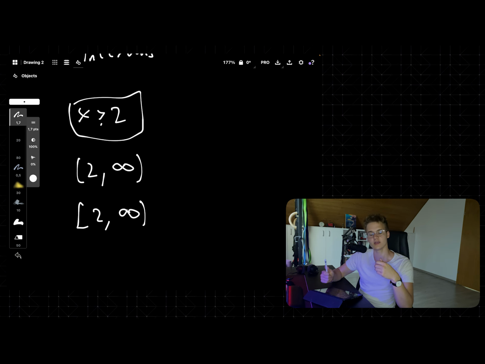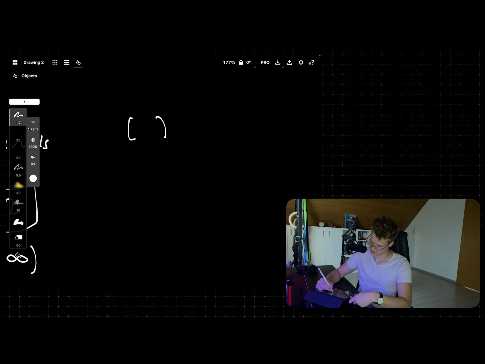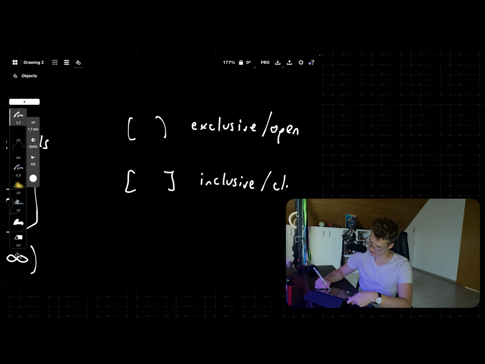So if the interval includes a point, so if this were to include 2, we would use a bracket. Because it does not include 2, we use a parenthesis. Okay, so this is exclusive and open, while this is inclusive or closed.